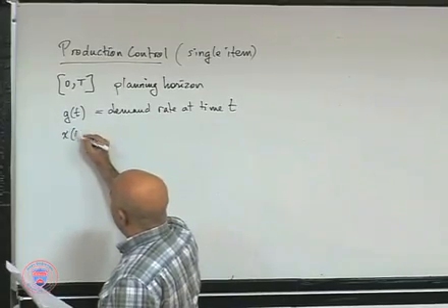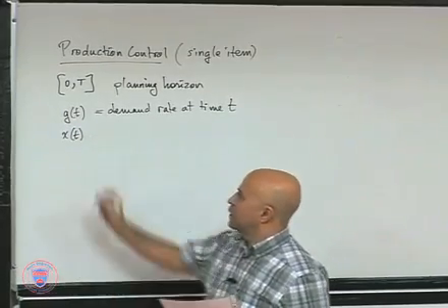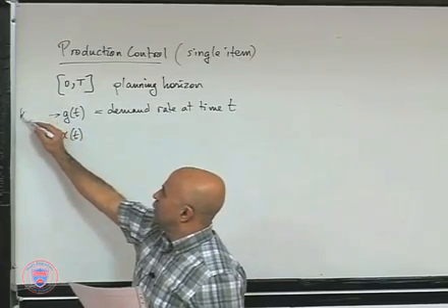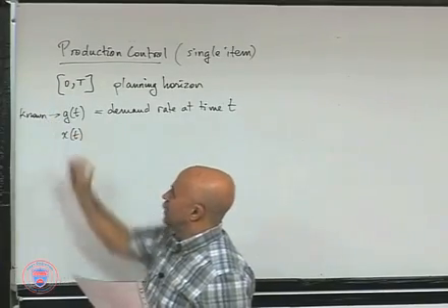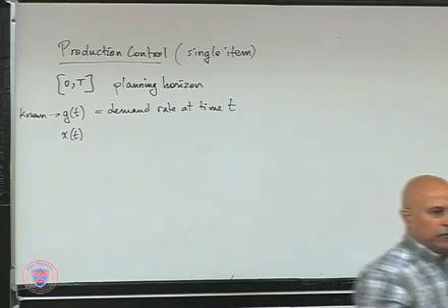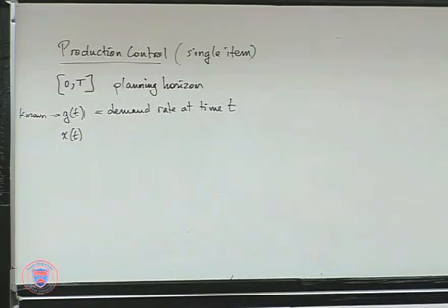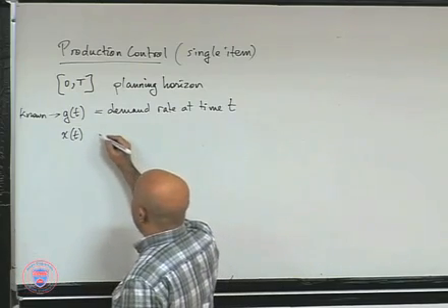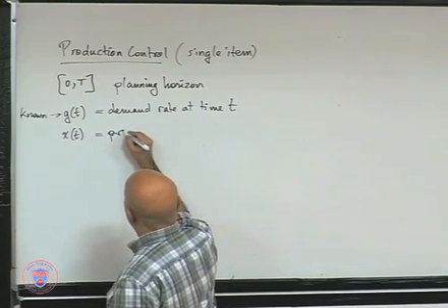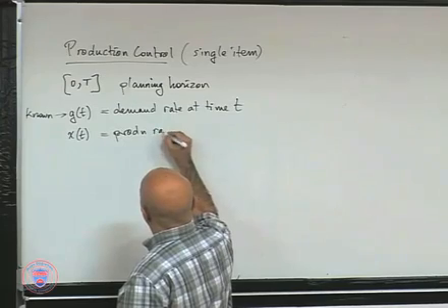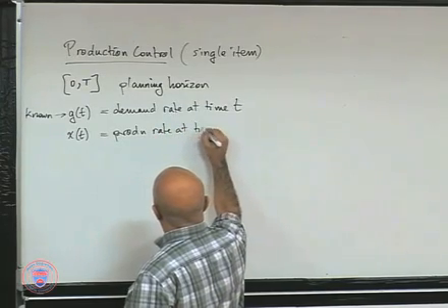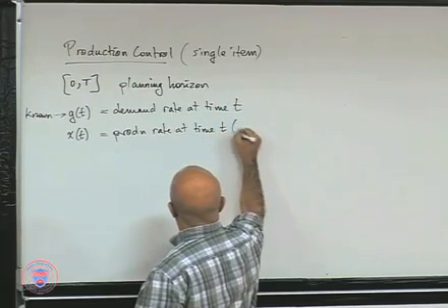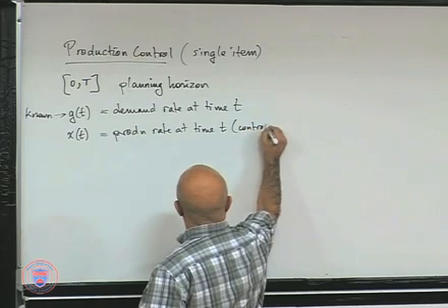It is known, either in functional form or in whatever form it comes. Let's define x of t as a decision variable: the production rate at time t. This is your control variable.